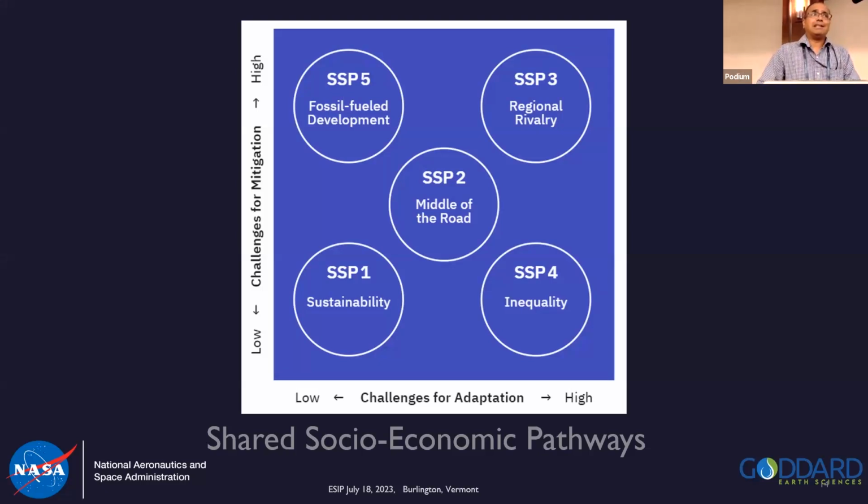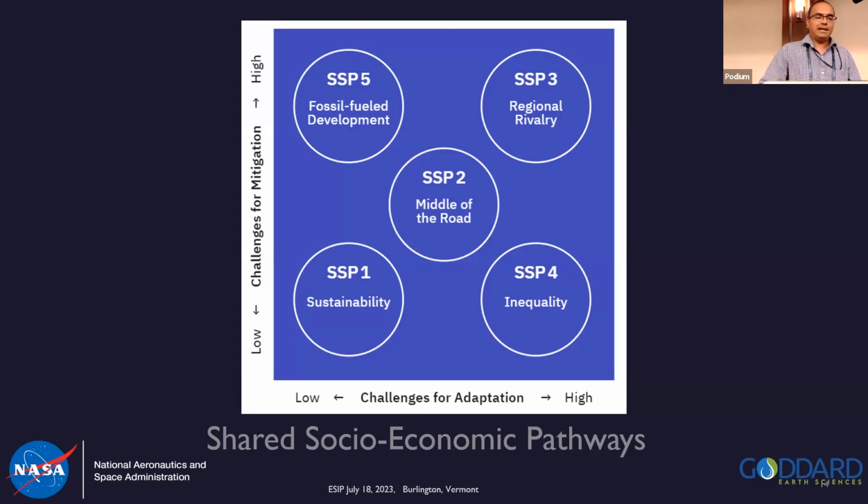Again, this is even at the global country level scale, where you're talking about the middle of the road, SSP2, where not much has changed. We continue with how we use energy. There's no induction of green energy, for example. The way we have continued historically is what we continue.